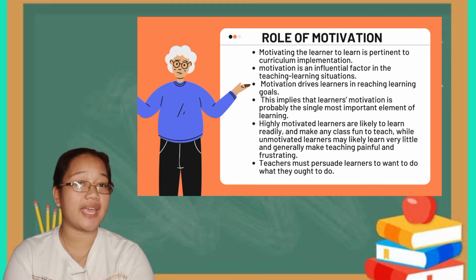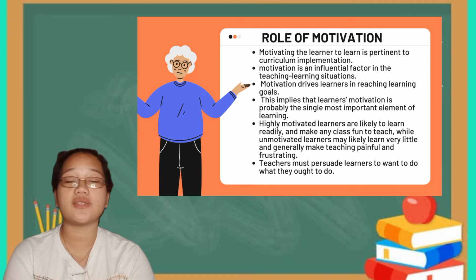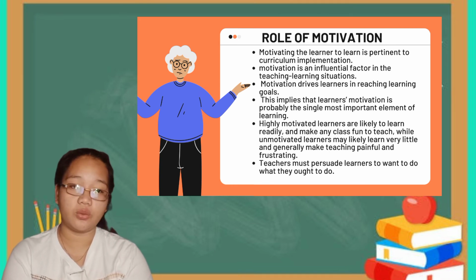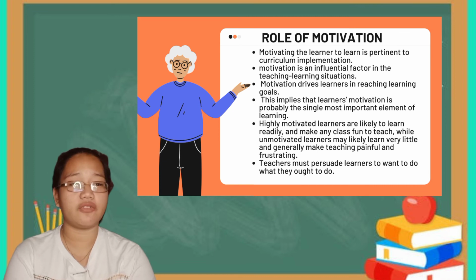It is only a sign that students live in a society where children are required to attend school. Highly motivated learners are likely to learn readily and make any class fun to teach, while unmotivated learners are likely to learn very little and generally make teaching painful and frustrating.